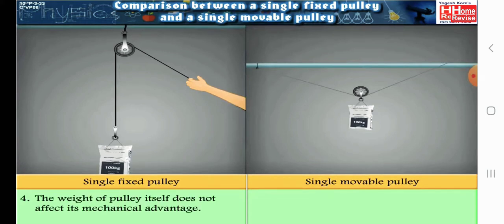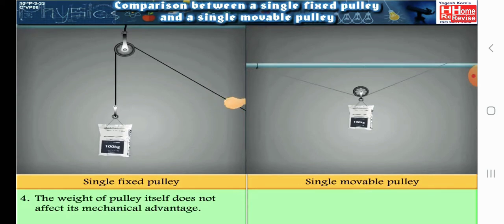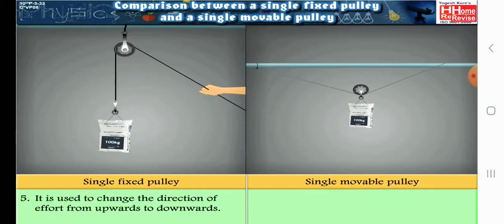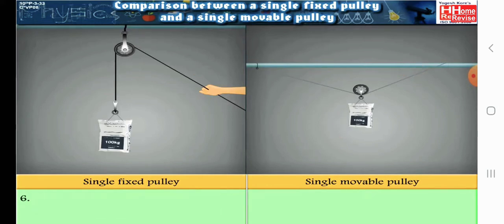4. The weight of the single fixed pulley itself does not affect its mechanical advantage, while the weight of the single movable pulley itself reduces its mechanical advantage. 5. Single fixed pulley is used to change the direction of effort from upwards to downwards, while a single movable pulley is used as a force multiplier. 6.